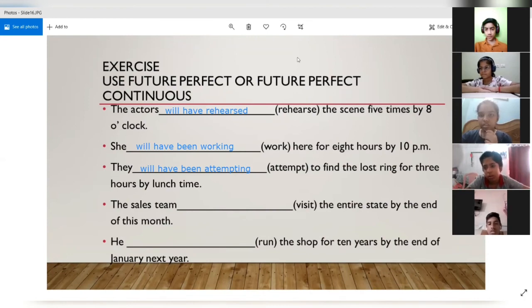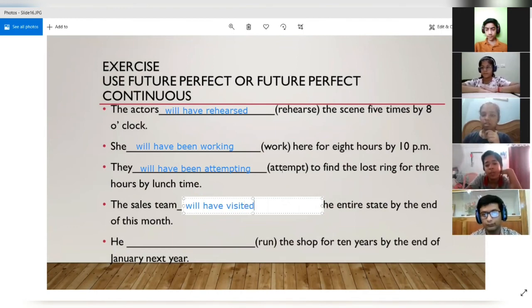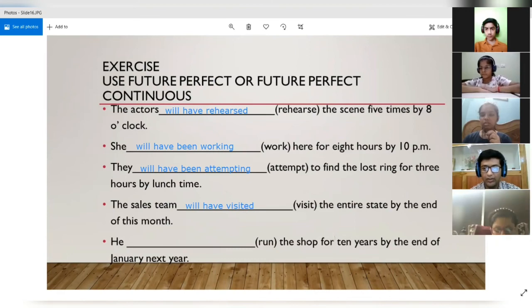The sales team will have visited the entire. Yes, it will have visited. Tell me the reason also why you are saying that. Because they are saying that by the end of this month, this action will have been completed.